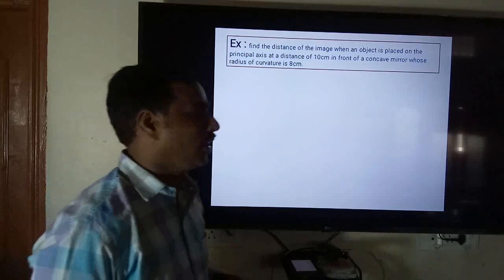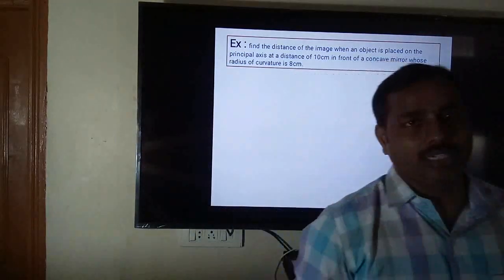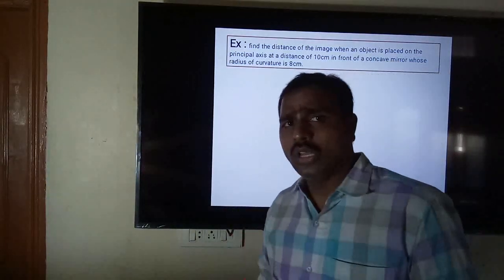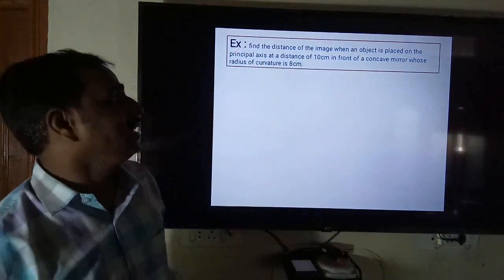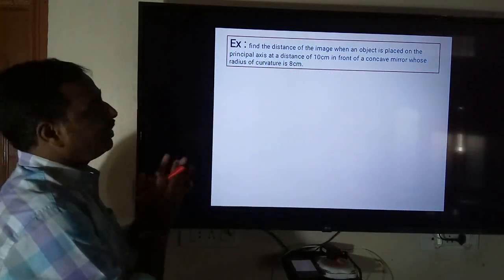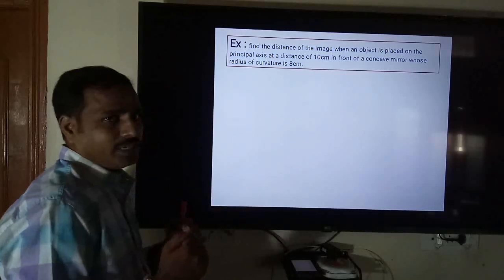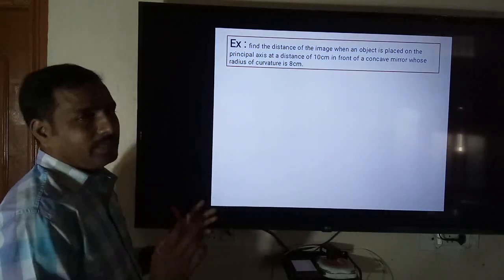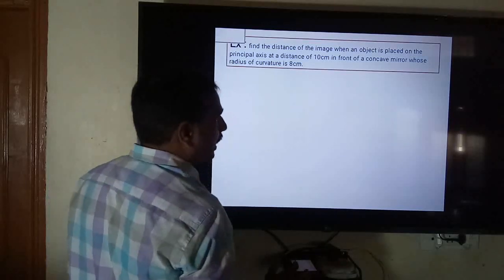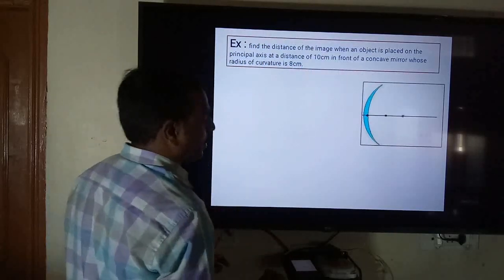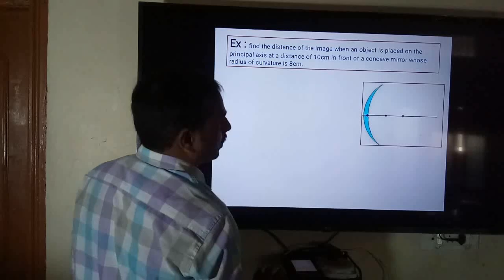R, capital R, is 8 centimeters. To find the image distance, we first want to visualize the information. Why? Because it gives some information to solve the problem easily. We get an idea of what answer we are going to get. See here.